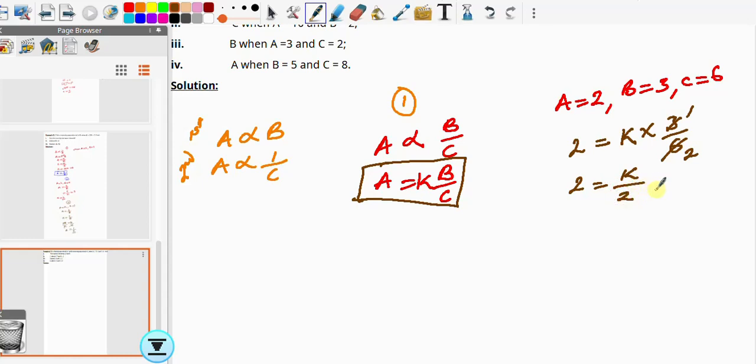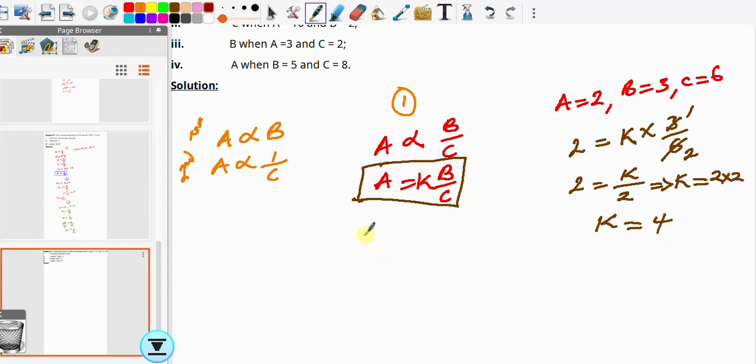When you cross multiply, K now will be equal to 2 times 2, right? So our K, constant, will be equal to 4. This is the constant value. Now let's substitute this constant value into the equation.